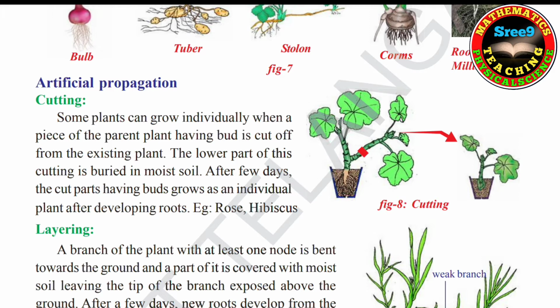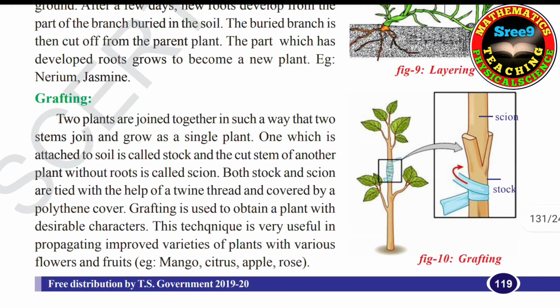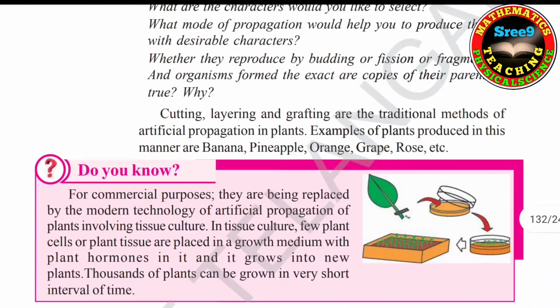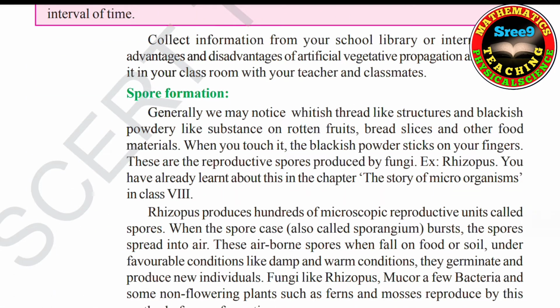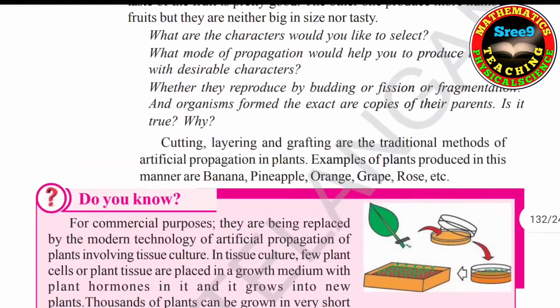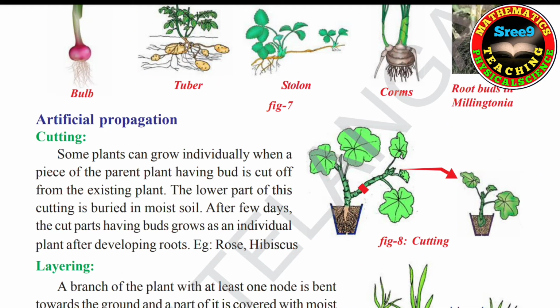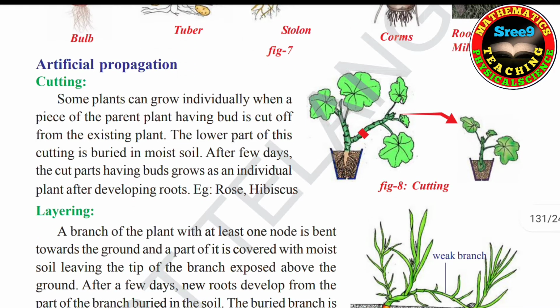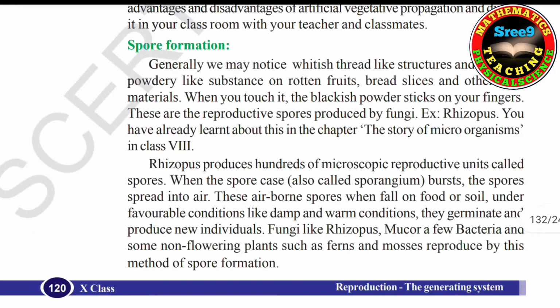The first is cutting, second is layering, third is grafting, and next spore formation. So these four are very important in artificial propagation. This comes under vegetative propagation only, but it is artificial. So what are they? Cutting, layering, grafting, and spore formation, right?